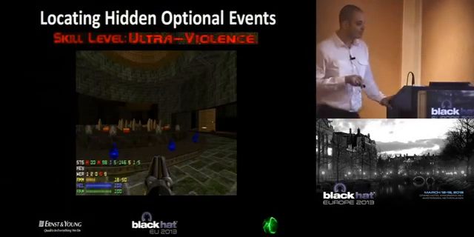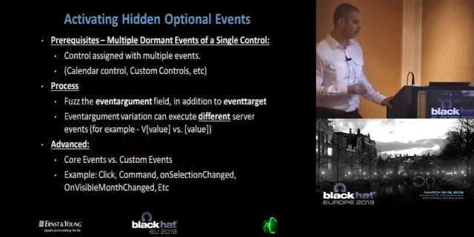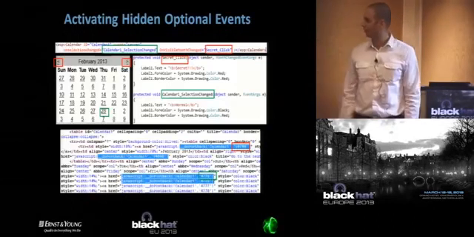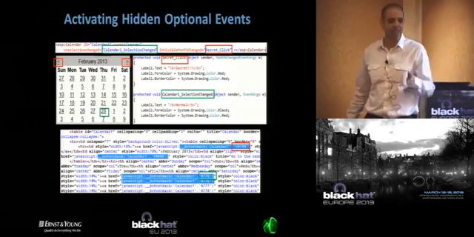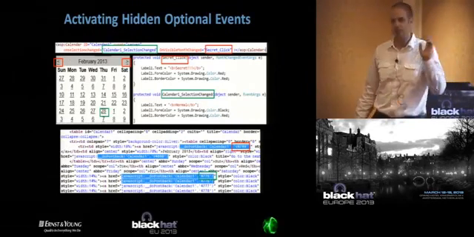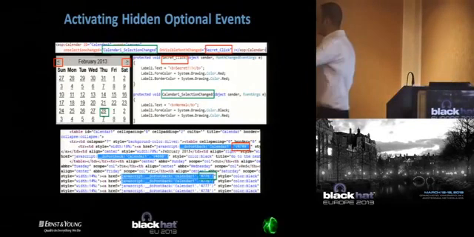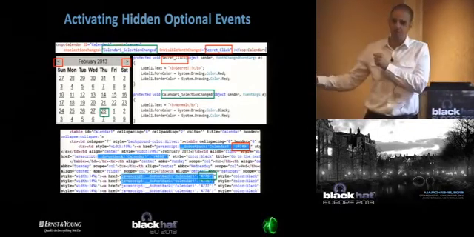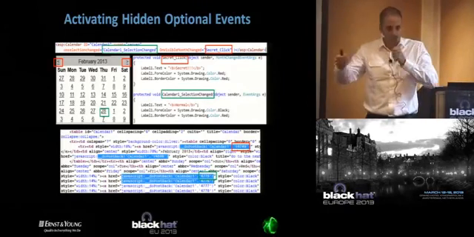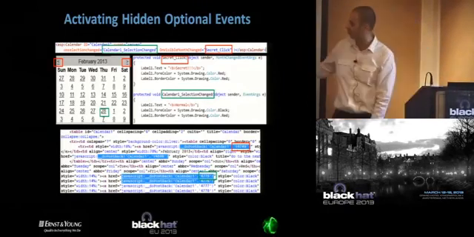If we take an event of a control which is associated with more than one event, such as a calendar event, the only difference is that we'll have to fuzz an additional parameter. So far, we fuzzed the event target parameter, which signifies which control to execute. When trying to select which event to execute, we'll have to fuzz the event argument.